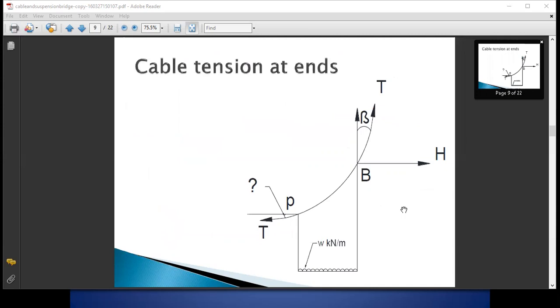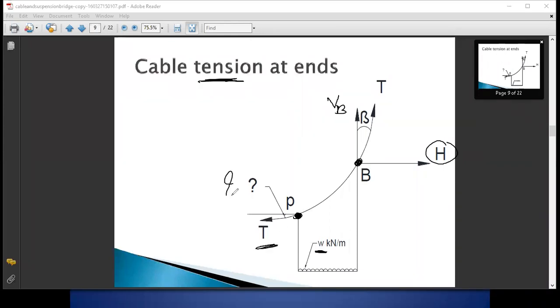Now, after calculating the reactions, horizontal and vertical reaction, now we will find out the tension in the cable at the end. Okay, tension in the cable at the end. So this is horizontal reaction, vertical reaction is suppose VB, right? And some point we have taken, suppose P point is taken, UDL is W, so T is there.